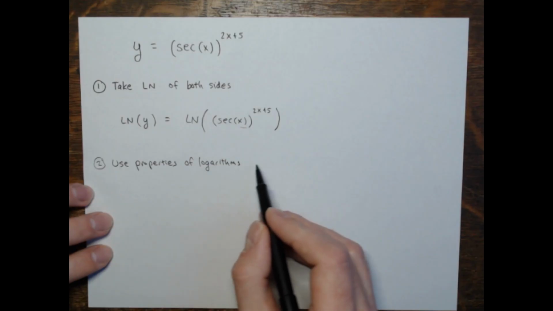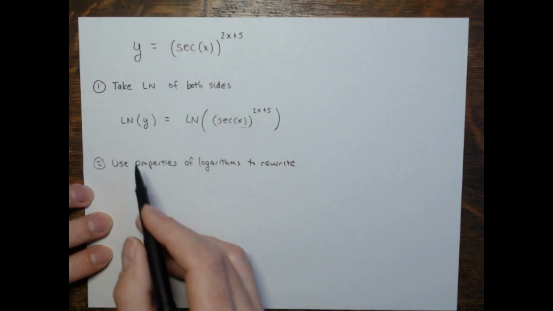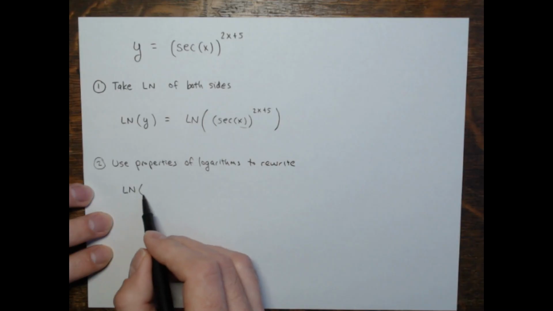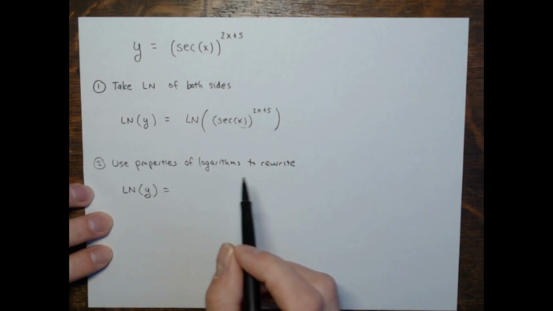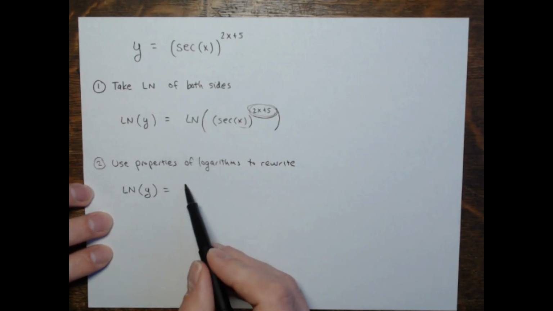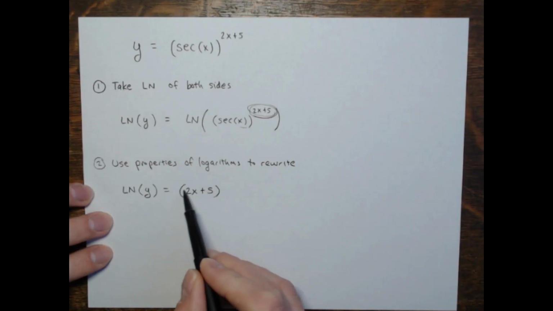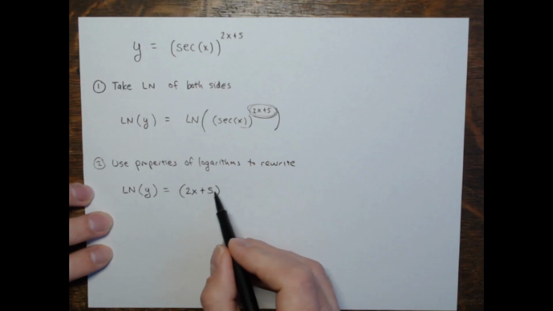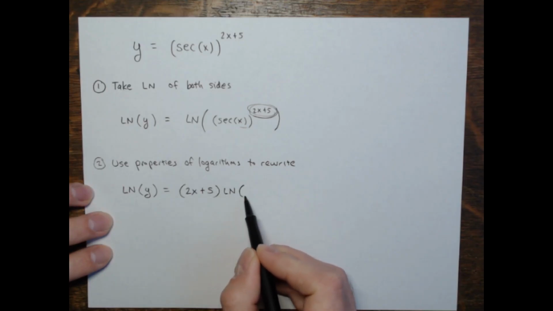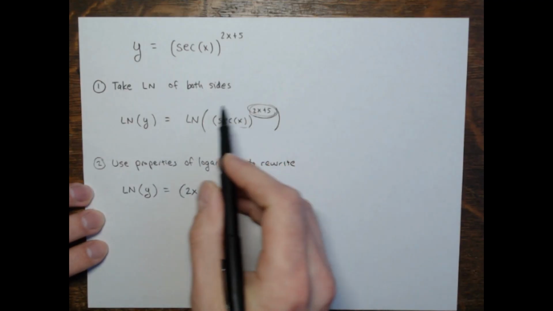So the left side is still the natural log of y, but then I apply that power property, this power of 2x plus 5, and pull it out front. Don't forget to put parentheses around it. That whole power is now the coefficient of the natural log of the secant. Again, the power came out.